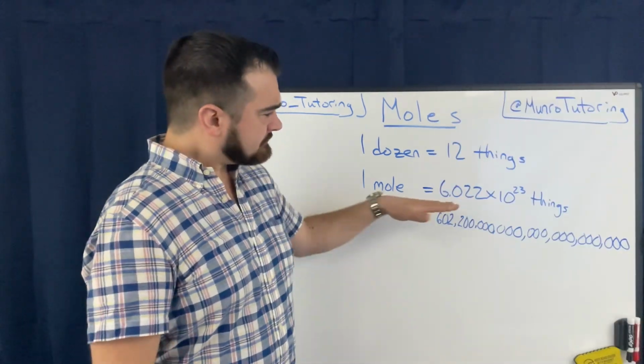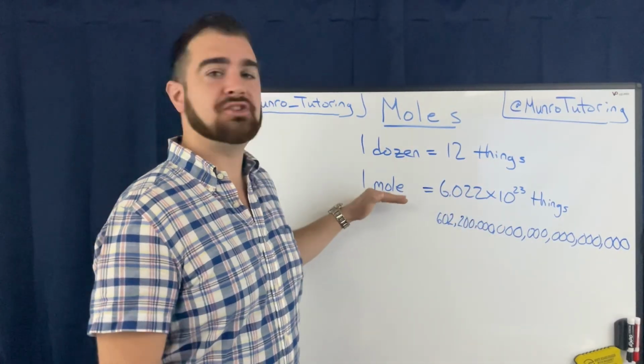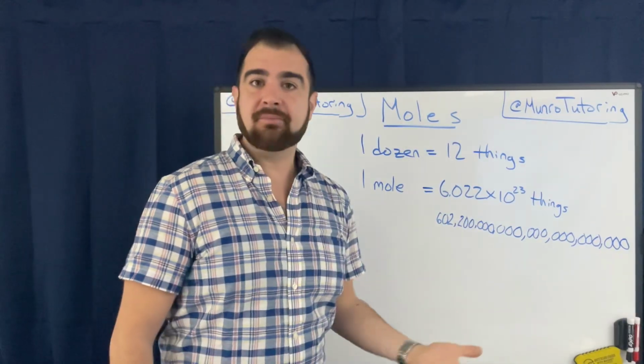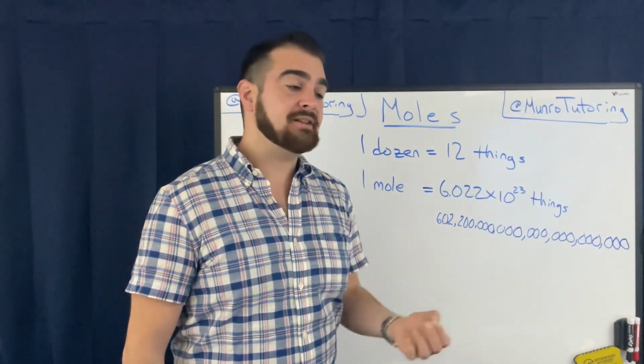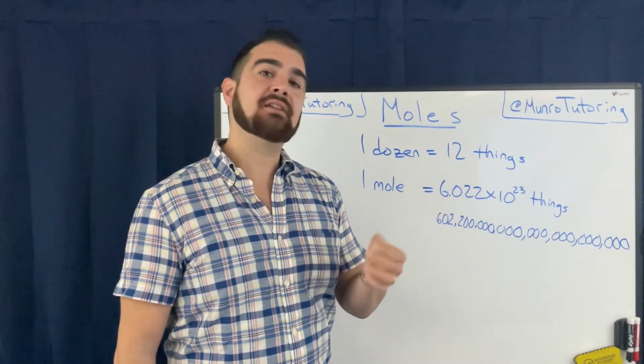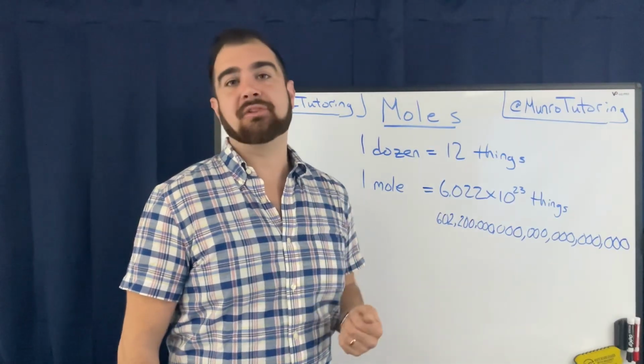And so the reason that this number of things is the definition of a mole is due to how he found the number, or how he defined it, which is the quantity of carbon-12 atoms in 12 grams of carbon-12.